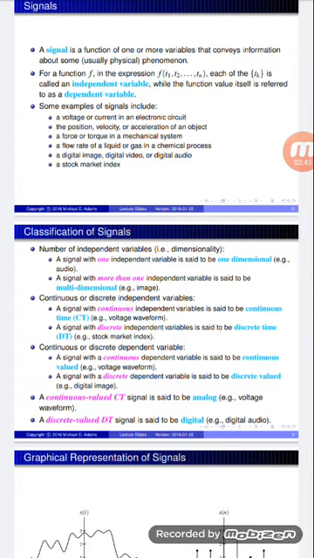These are all different examples of signals.